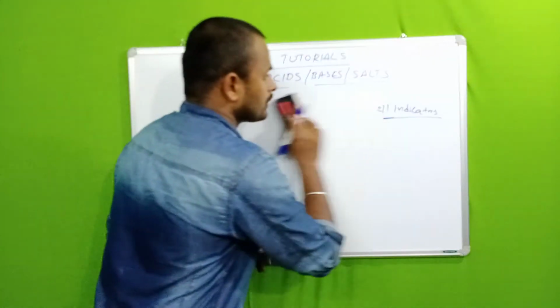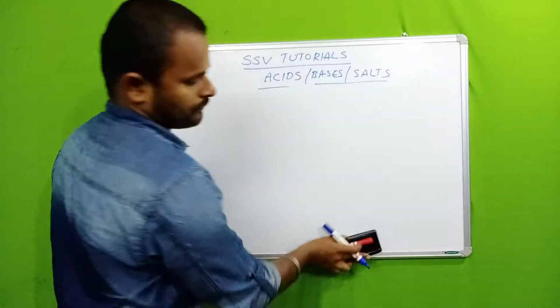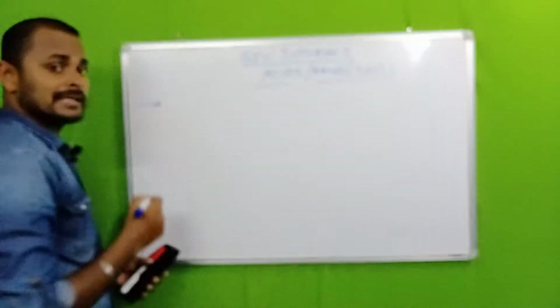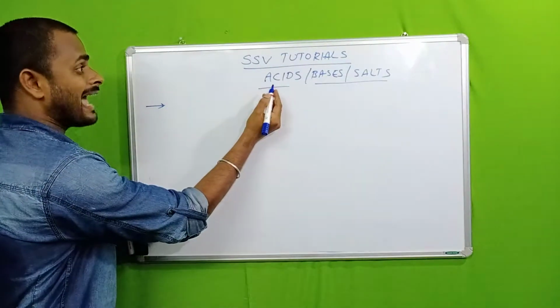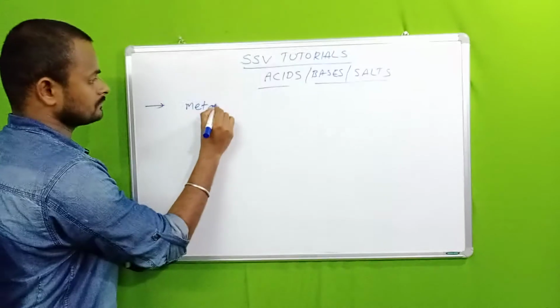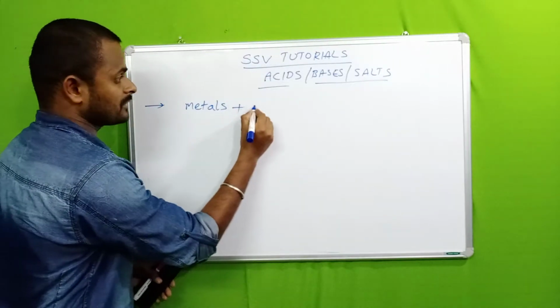Next, the chemical properties and the action of acids and bases. Today we are discussing the action of acids and bases with metals. What is the action of acids with metals?